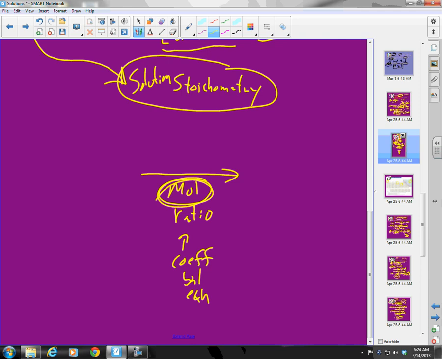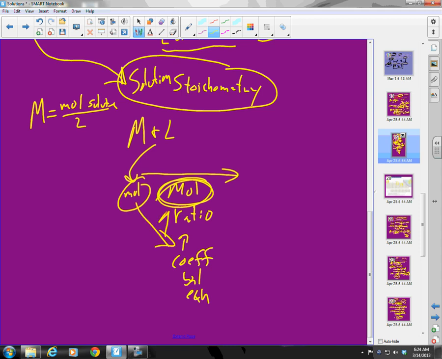So with solution stoichiometry now, since I know molarity is equal to moles of my solute per liter of solution, if they give me molarity and liters, then I can calculate moles. And once I have moles, I can use my mole ratio to go anywhere. So that is what we're going to do.